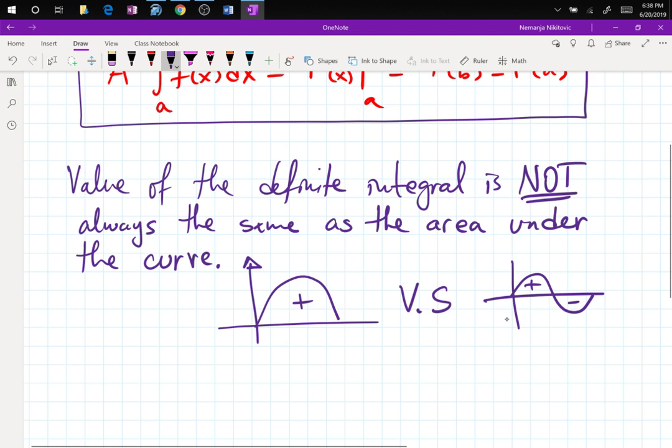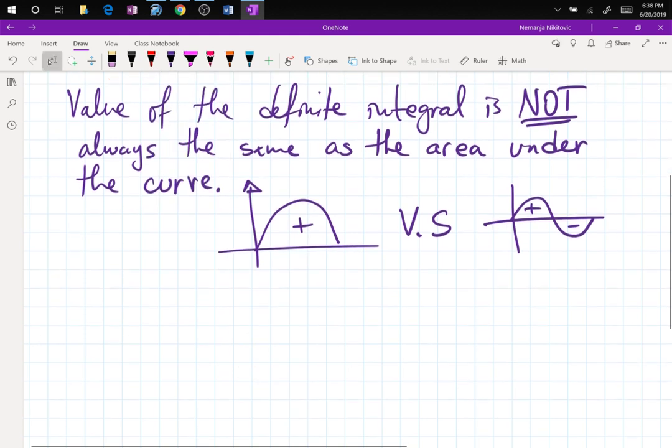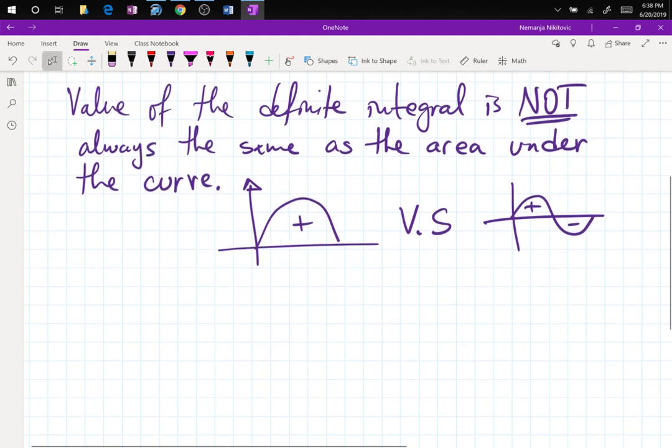We know all about part 1, so we're just going to focus on part 2 of the fundamental theorem of calculus. So here goes part 2. It will have one formula.